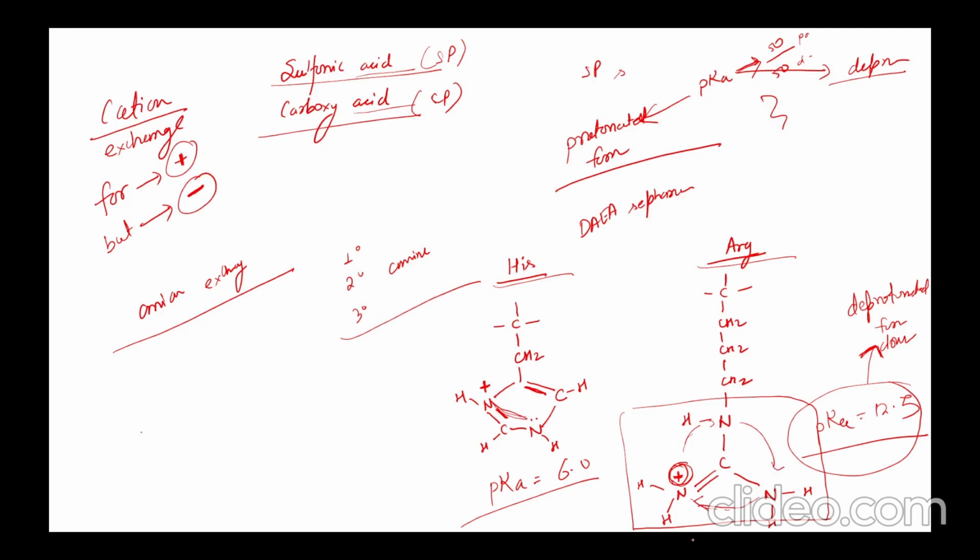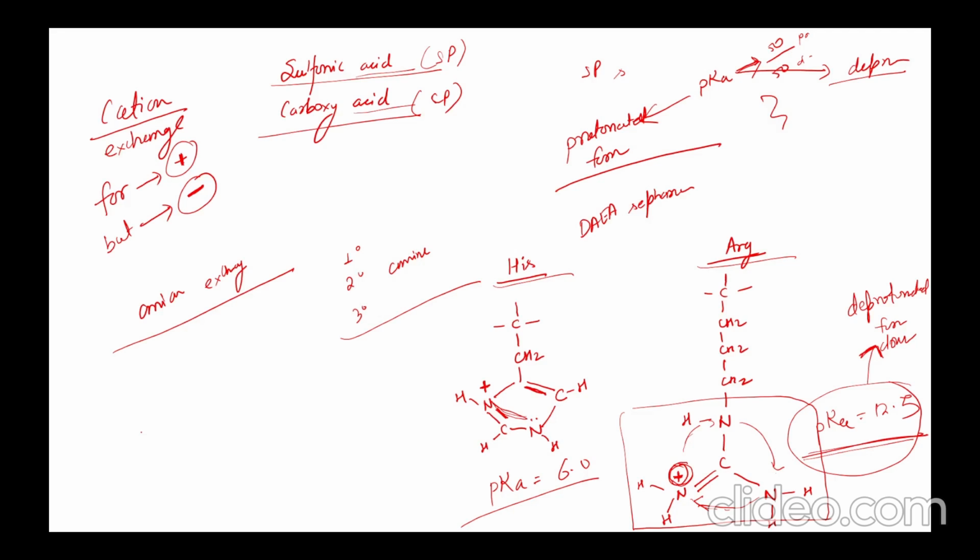So this will have the tendency to remain in the positive form more compared to histidine, which has a much lower pKa. So the higher the pKa, the stronger the base, or the more positively charged the amino acid. As arginine has a higher pKa, it can remain in the protonated form in a more stable version.